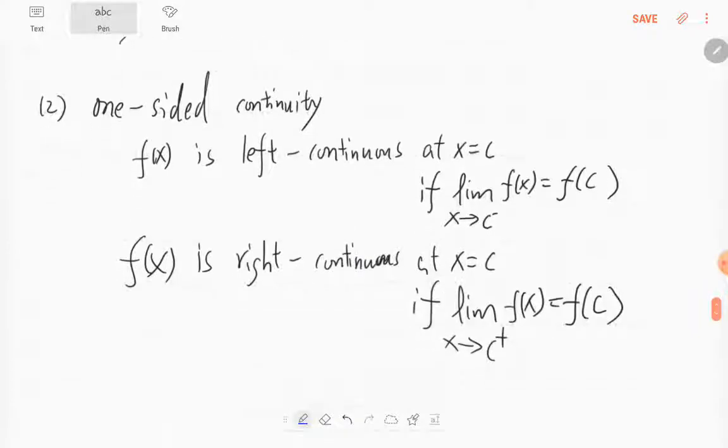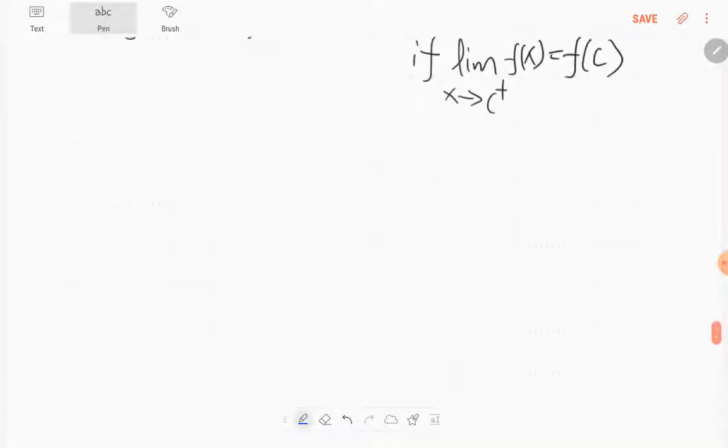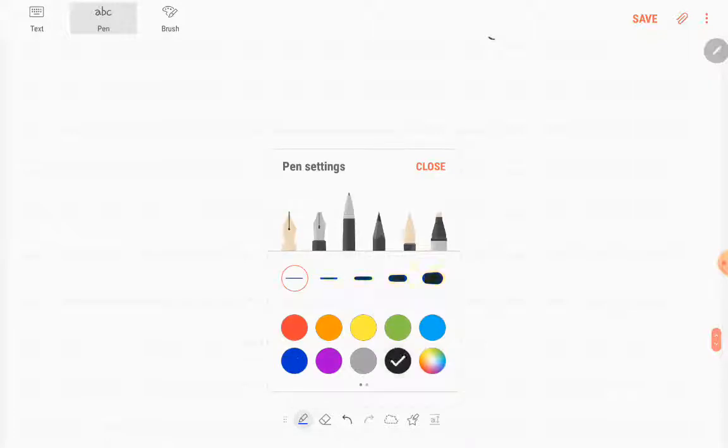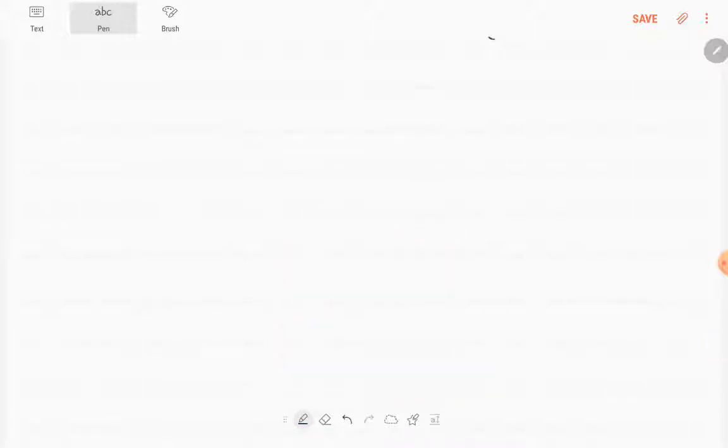So we talked about continuity. Now some students may ask, what are the situations for discontinuity? So this is remark 3, discontinuity. We have several kinds of discontinuous points. The first one is this one.